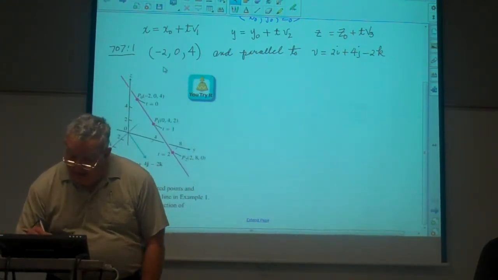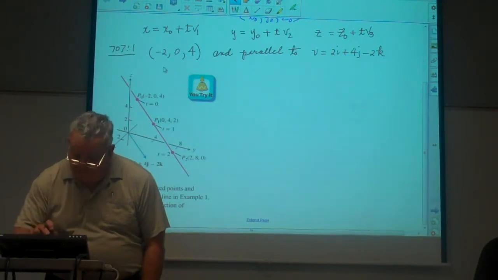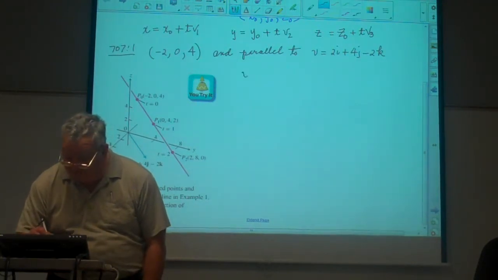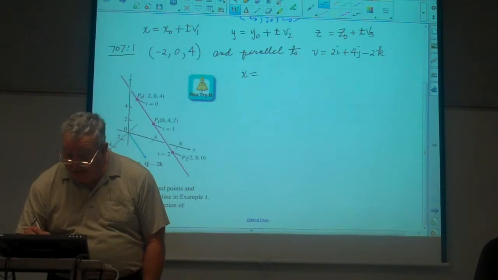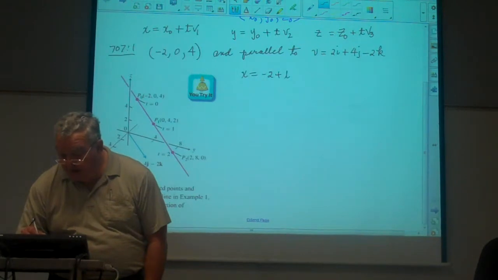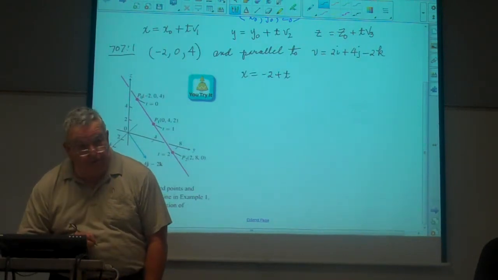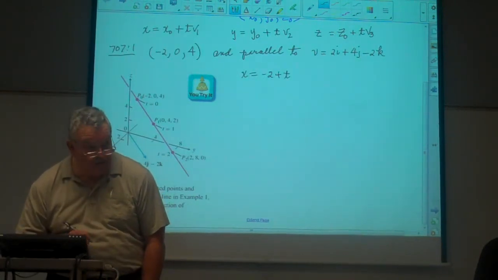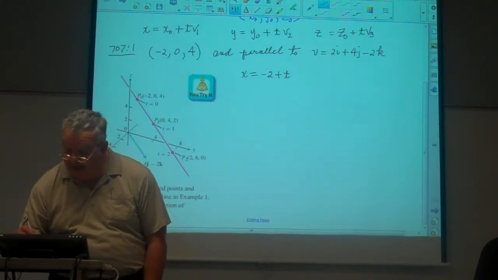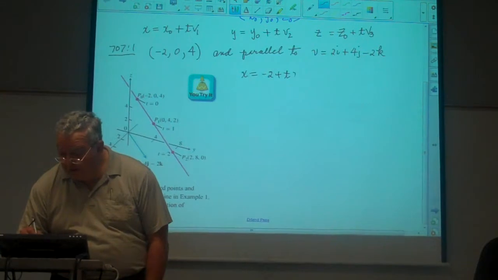So, x is equal to x naught, which is the point we know, plus a whole bunch of vectors, a family of vectors, times the x component, 2.